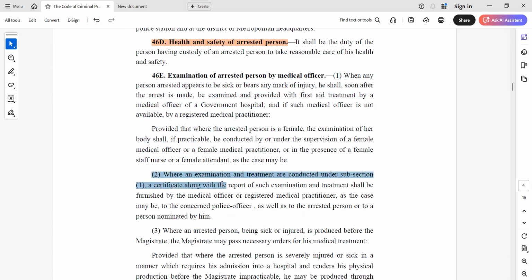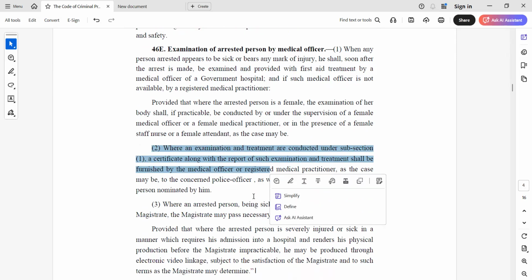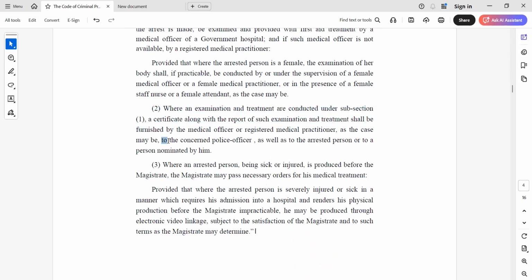Subsection 2: where the examination and treatment are conducted under subsection 1, a certificate along with a report of such examination and treatment shall be furnished by the medical officer or registered medical practitioner, as the case may be, to the concerned police officer, as well as to the arrested person and to a person nominated by him.